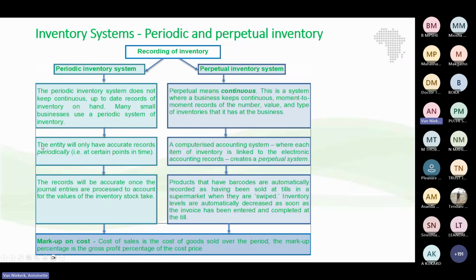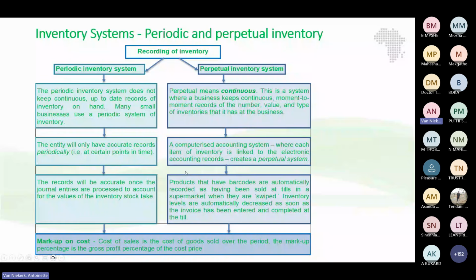Now, under the periodic inventory system, the entity will only have accurate records periodically, at a certain point in time, usually at the end of the financial year. For the perpetual inventory system, a computerized accounting system where each item of inventory is linked to the electronic accounting records creates a perpetual system.